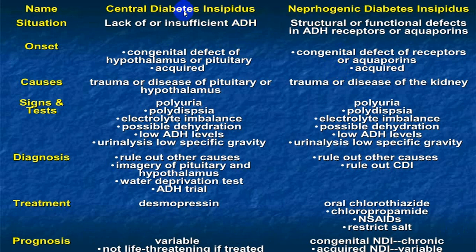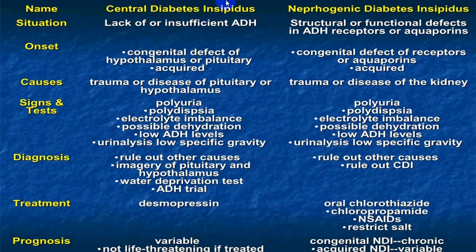Now, this is the main difference between central and nephrogenic. It is very important because many times clinically also you can make out the difference between the two. In the central variety, there is a lack of ADH hormone, while in the nephrogenic variety, there is adequate production of ADH hormone, but there is a structural or functional defect in the distal convoluted tubule, or in what we call the ADH receptors.